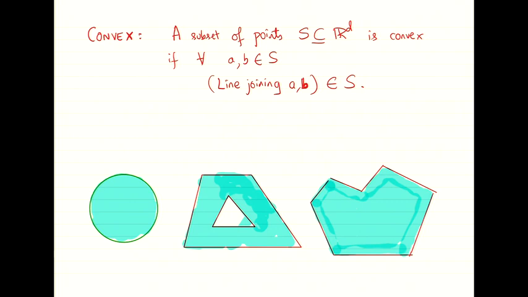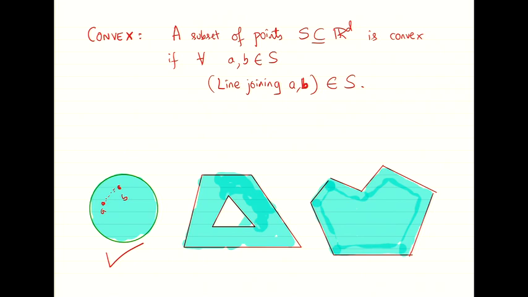If I look at these sets, this set is convex. It's a disk. If I take any pair of points here, A and B, then the line joining them is also inside the set. So it's a convex set.